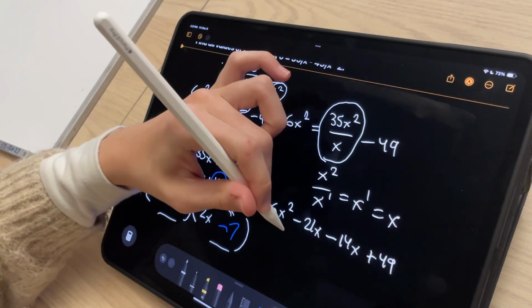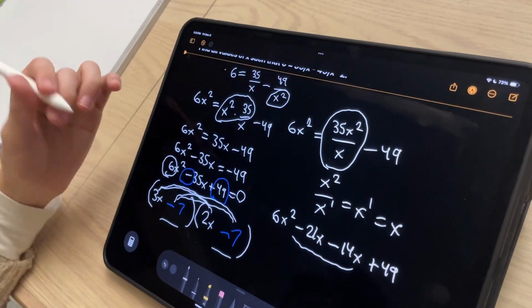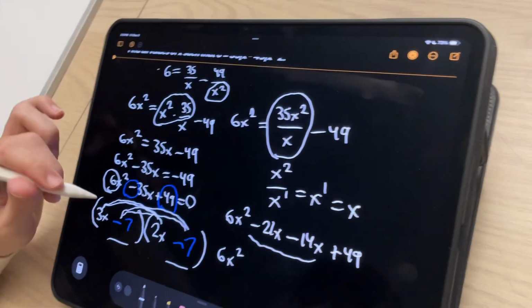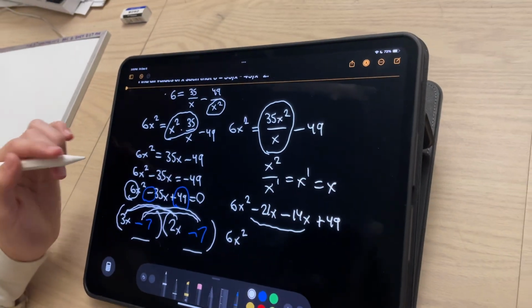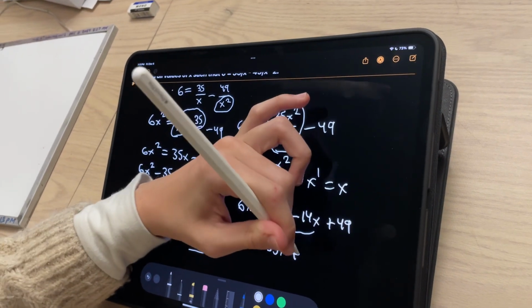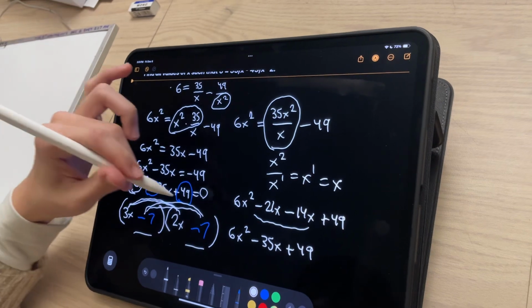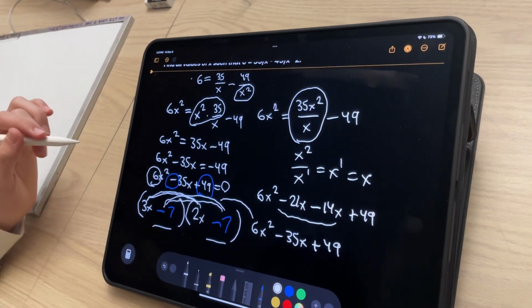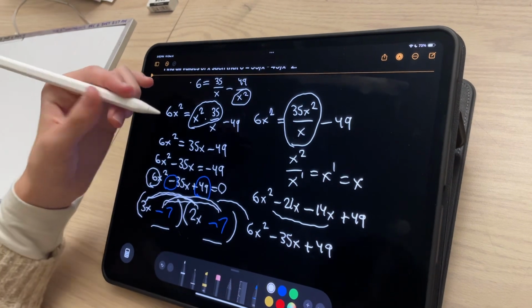Okay, we've got some like terms here we can combine. So negative 21x minus 14x is simply negative 35x, plus 49. And we can confirm this matches right back up with our original quadratic equation, and we have successfully factored this quadratic.